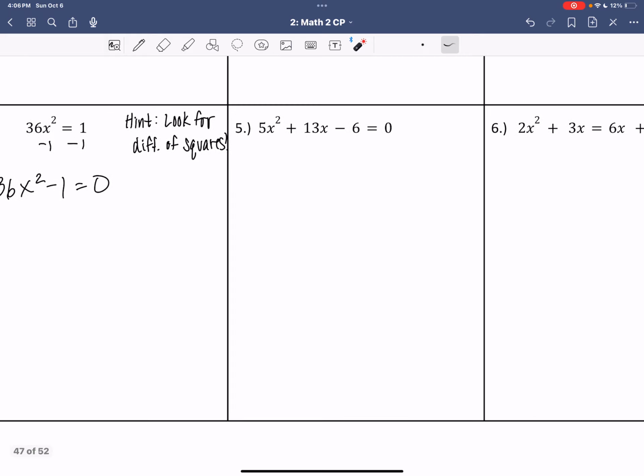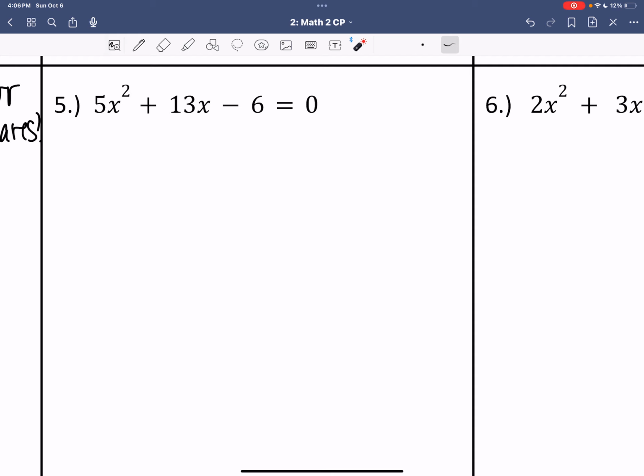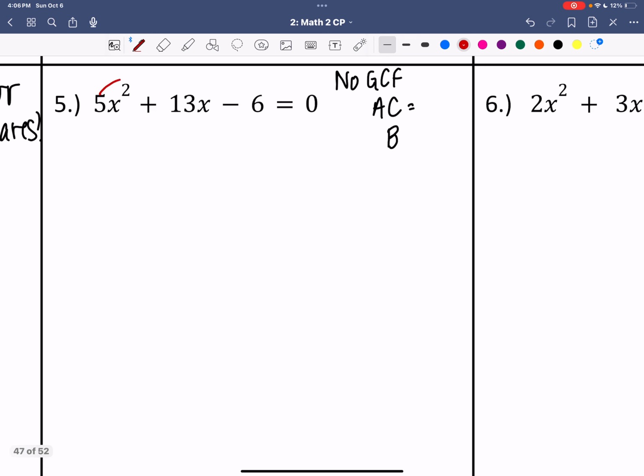And then for number 5, this one is a little more in depth. So there's no GCF. So let's do AC and let's figure out B. AC is negative 30.